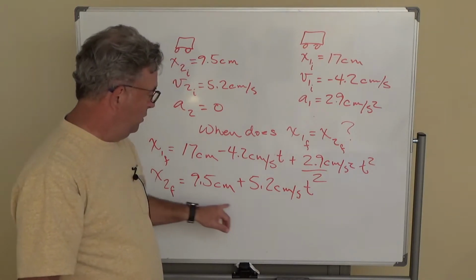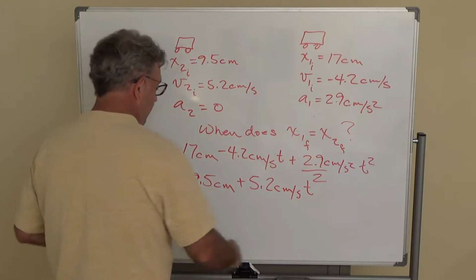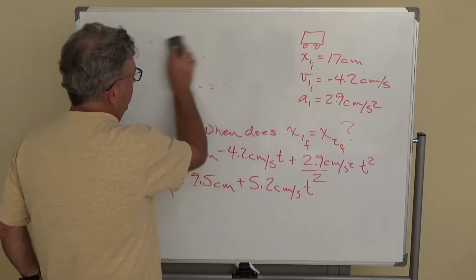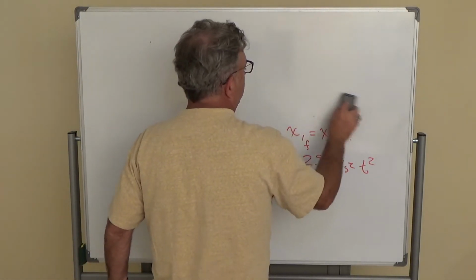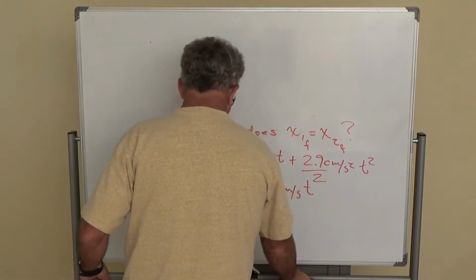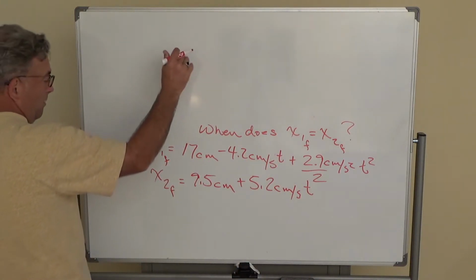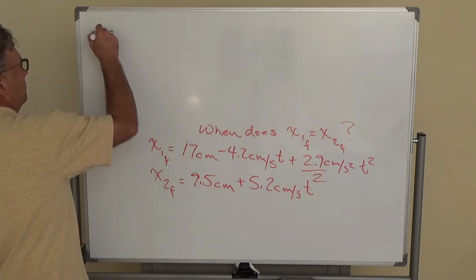That's your initial position, there's the velocity, there's time. Okay. Set these equal to one another and see what kind of solution you get. I'm just setting them equal, x1 on the left.